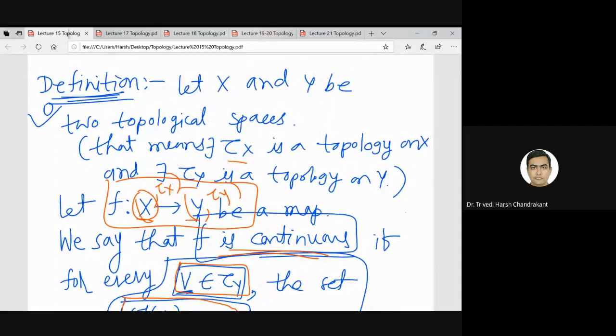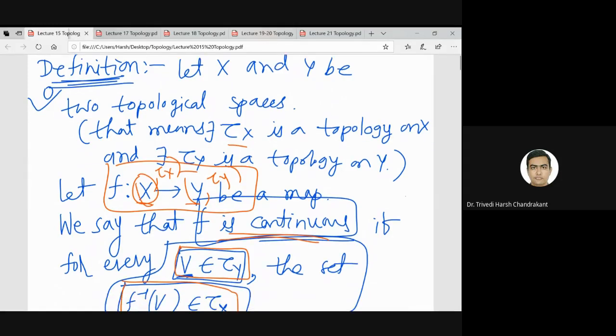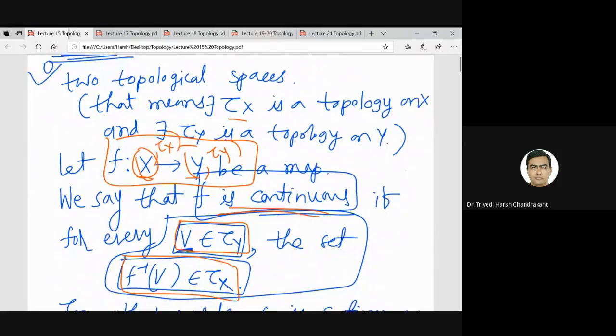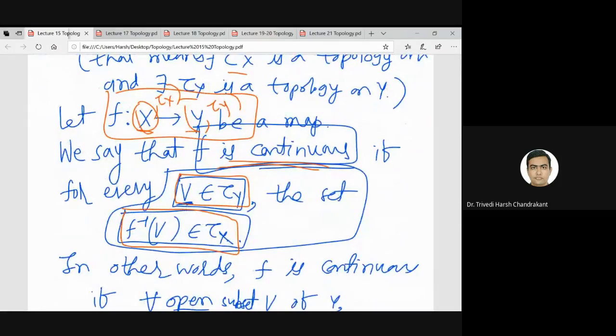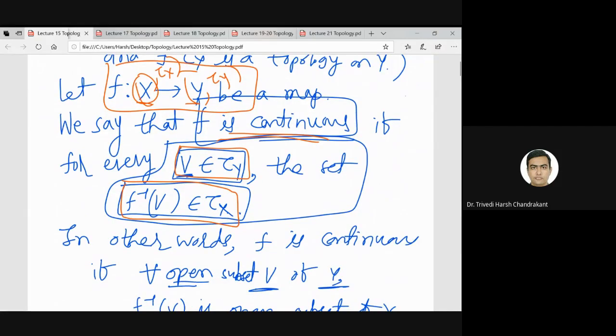If X and Y are two topological spaces, we say that f is continuous if the inverse image of an open set is open. So if V is an open set in the codomain, then f inverse V is an open set in the domain topological space.